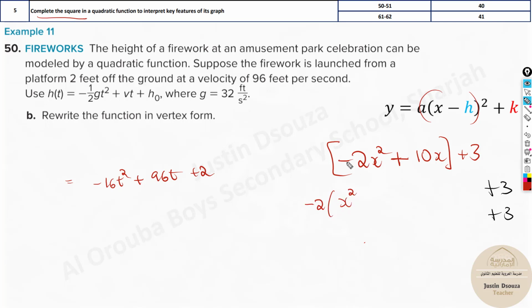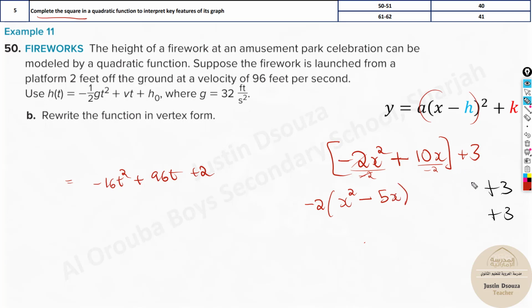Here only x squared because negative 2 is gone. Basically, you're dividing both sides by negative 2. When you remove this common term minus 2, you have to do this no matter what. So you can just memorize this. Minus 2 is taken out and divide both sides by minus 2. So this and this cancel. So you're remaining with only x squared. Okay. What about over here? Minus plus divided by minus will be minus. 10 by 2 is 5x. And this plus 3 remains.